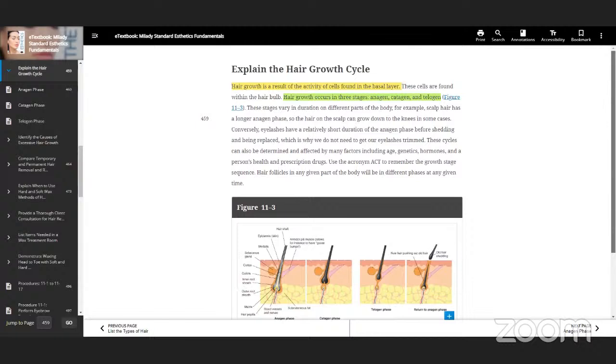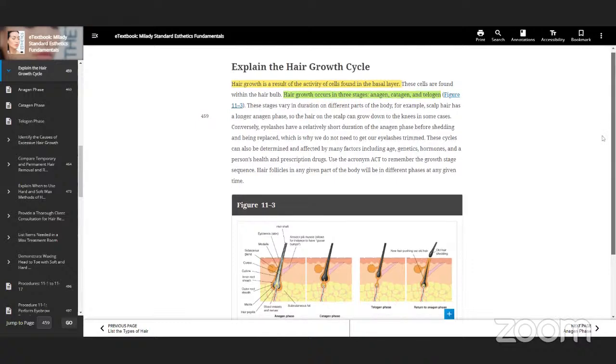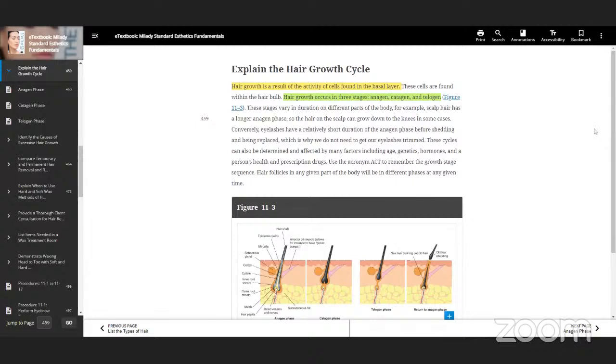So, as we prepare to move forward, we're going to break down a little bit more of the growth cycle. We're going to explain the growth cycle and why sometimes we see people with abnormal hair growth. When we got over to the growth cycle, the anagen, catagen, telogen, I love the way you guys retrieve the information.